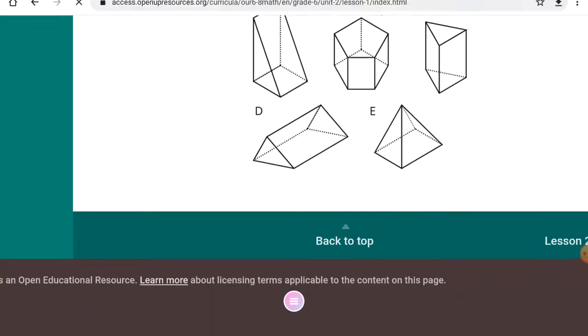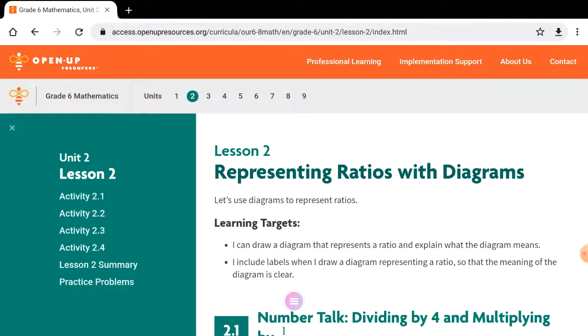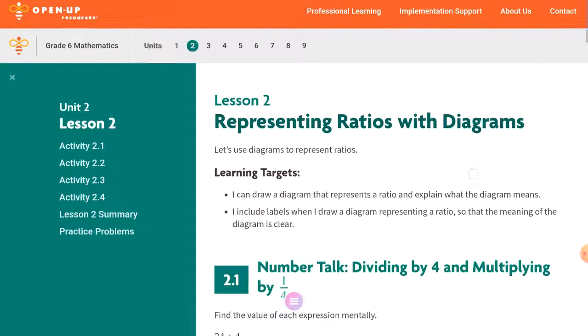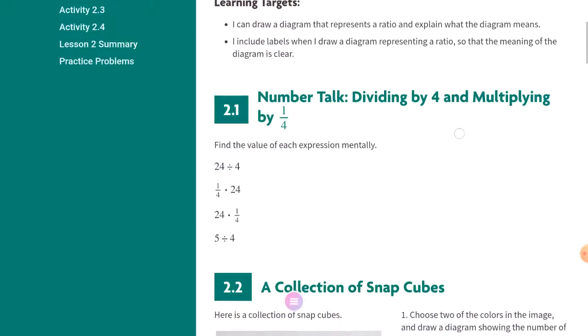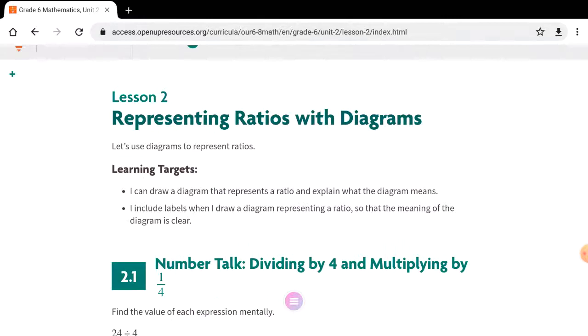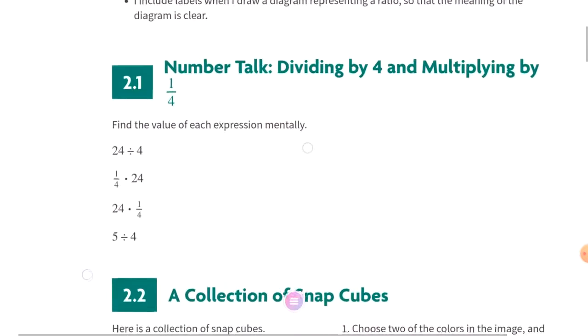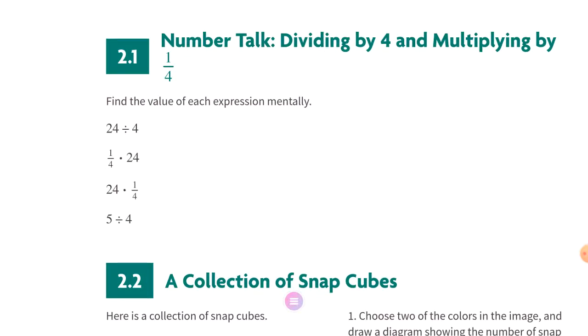Okay, lesson 2. It's called Representing Ratios with Diagrams. But before we get started on this, I want to refresh some of our mental math. Let's look at this number talk here. The number talk says dividing by 4 and multiplying by 1/4.